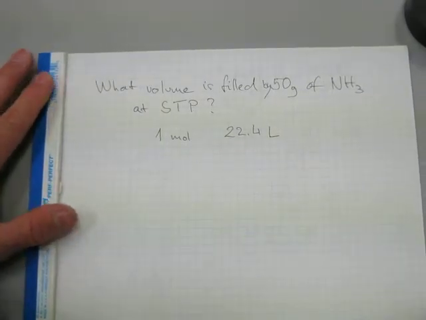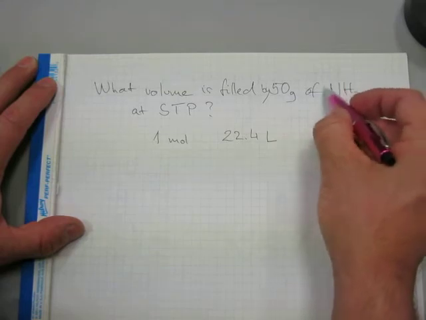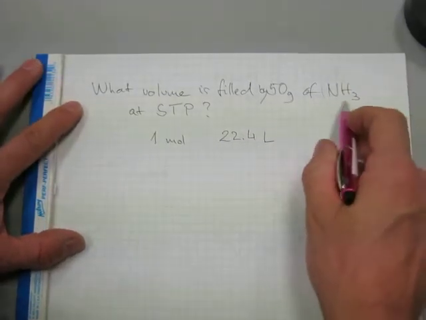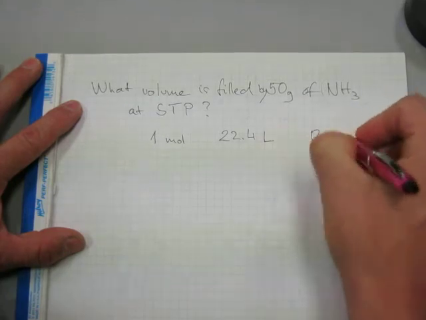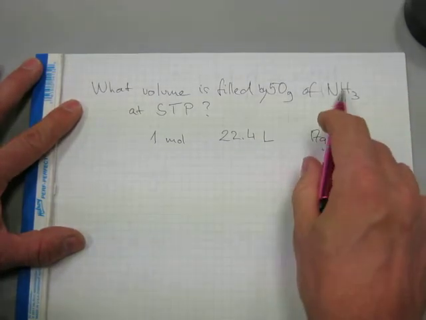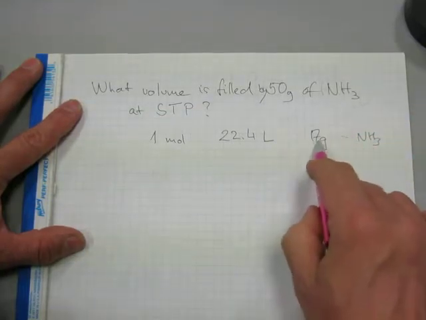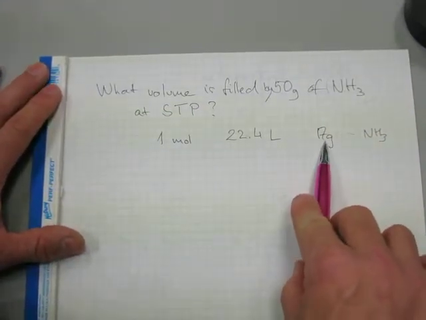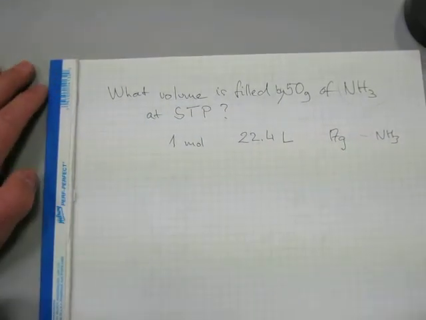It doesn't matter what it is made of. And 1 mole of this ammonia is, they say the hydrogen is 1 plus the rest, so that's 17 grams. 1 mole of this ammonia is 17 grams, and this 17 grams fills up 22.4 liters.